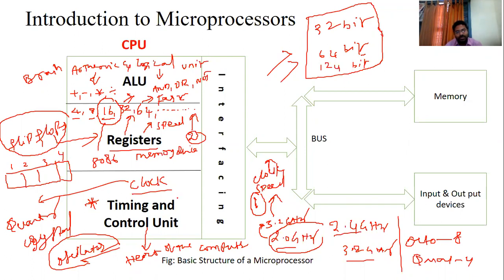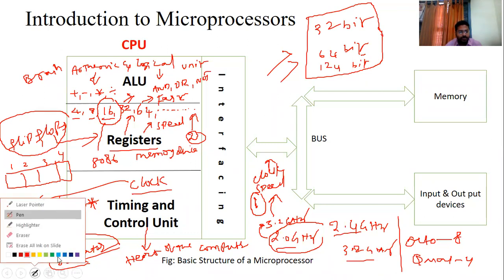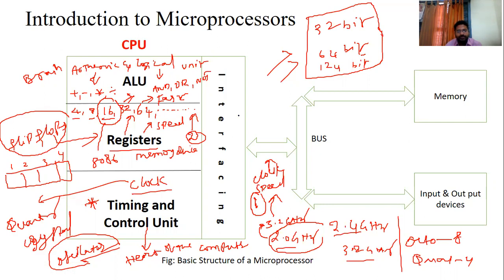So this timing and control unit is connected to each and every device that is within the CPU, and at the same time outside the CPU. Remember, this timing and control unit is connected to each and every component present within the CPU, nothing but the ALU as well as the registers.